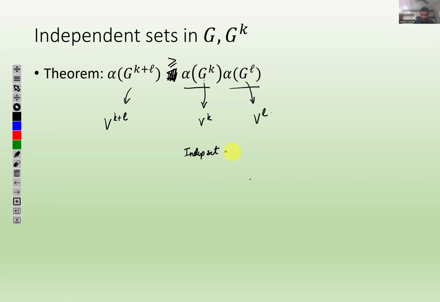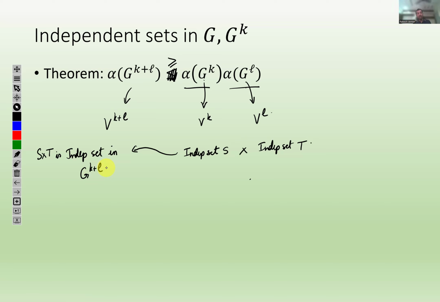Take an independent set S, take the Cartesian product with the independent set, let me call it T, and it will give you an independent set over here of size S times T. So S times T is an independent set in G to the k plus l. Exactly the same process, just generalized to more general powers.